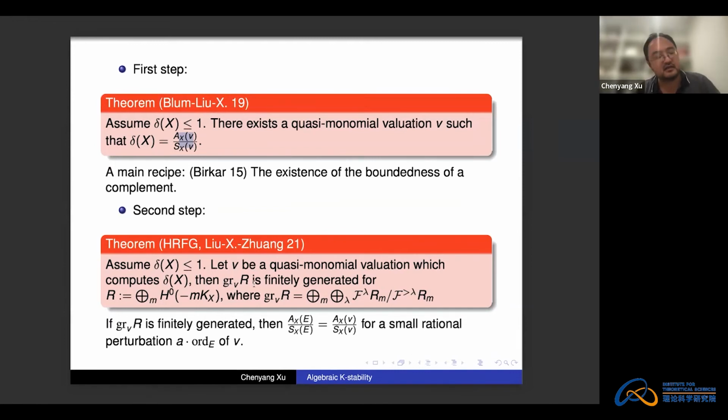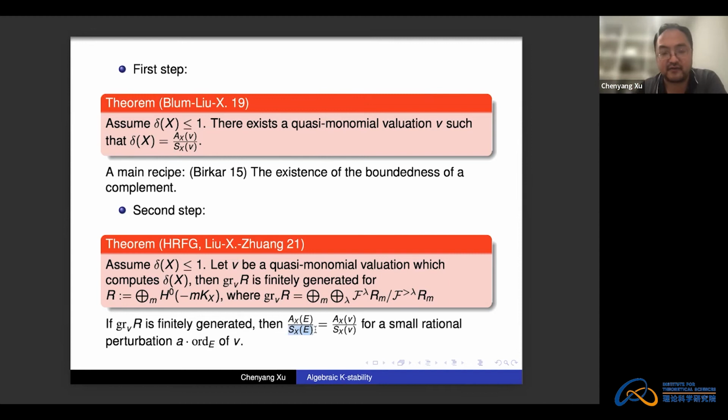So this is not the finite generation statement appearing in BCHM, because we are looking at the graded ring for some valuation, but this valuation is not divisorial. If this is divisorial, then this finite generation can follow from BCHM without too much work. But here we really have to prove it for some quasi-monomial valuation, so we have to really develop a new method. But once you prove this, you can easily prove that this quasi-monomial valuation, if you perturb it a little bit into some divisorial valuation, then this number will be the same.